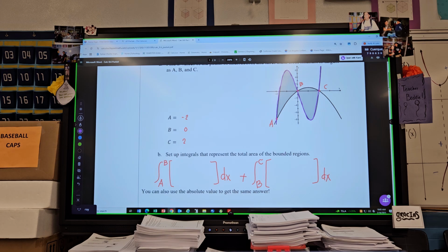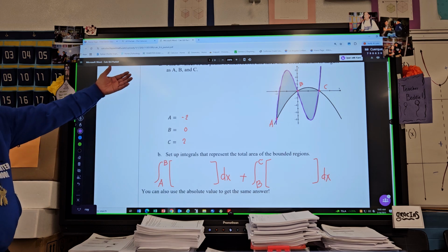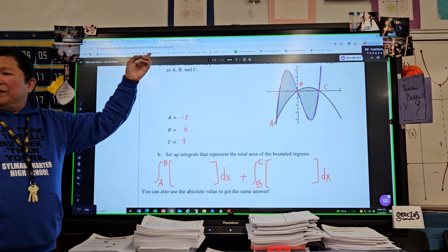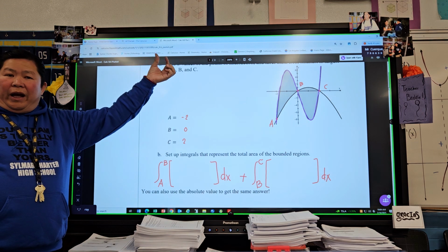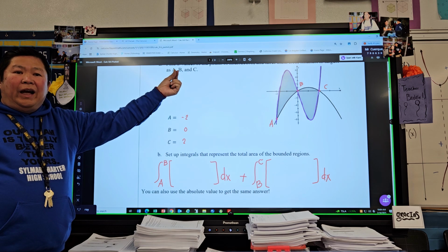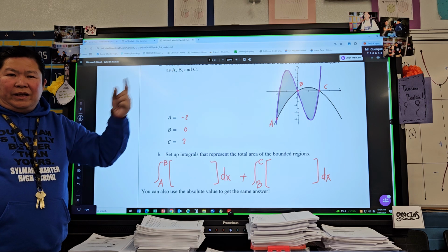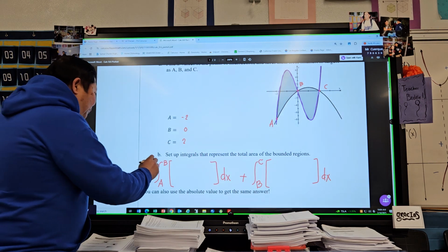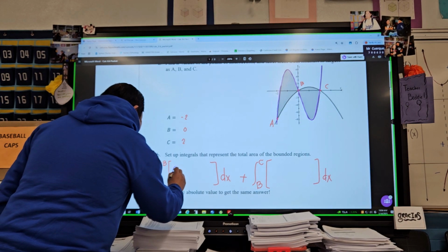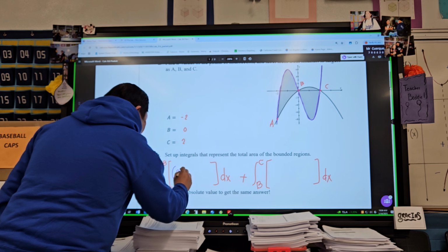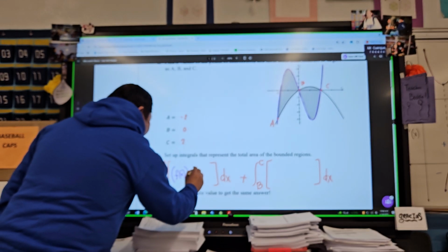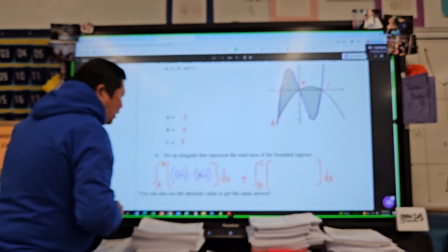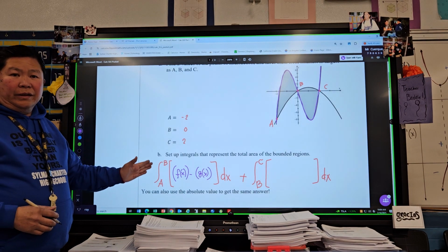So, okay guys, remember a while ago, it was specifically given what f of x is, right? And what g of x is. So, according to Alonso, it must be f of x minus g of x, for this interval.